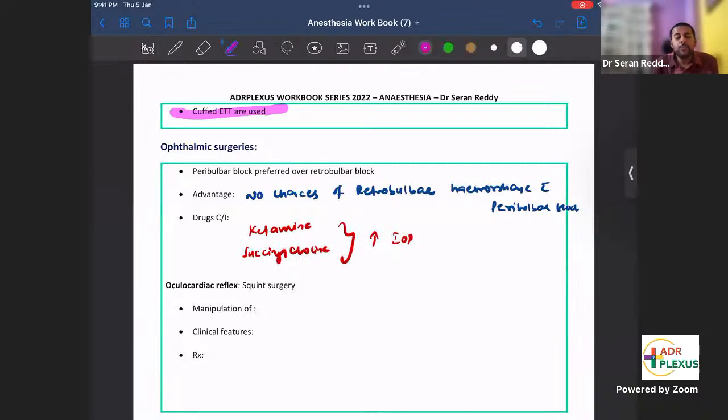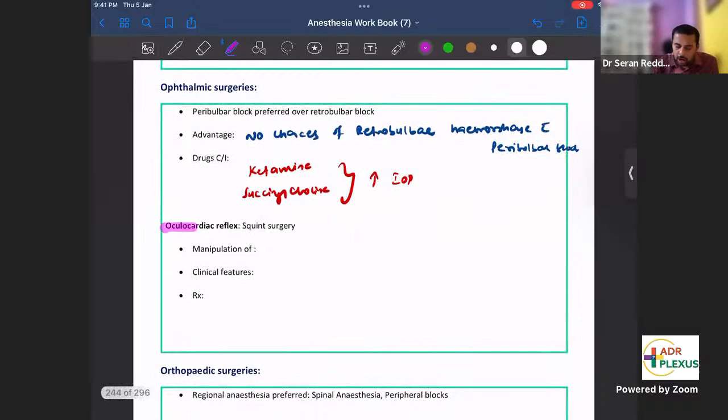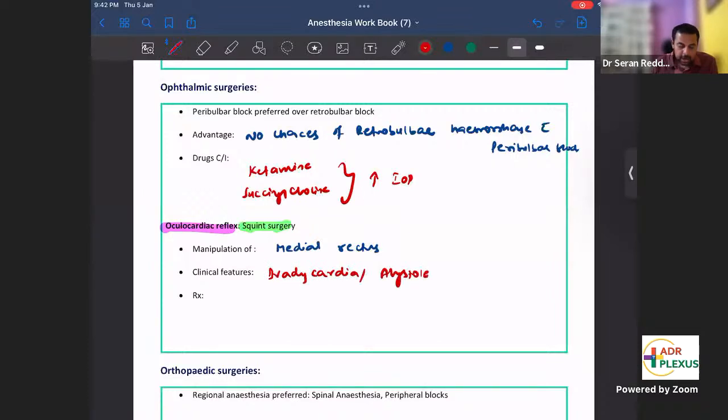And this was one of the favorite questions in previous years, at least 4 to 5 years back. We didn't see this question in the recent past, but again, an important thing. Remember one point: the oculocardiac reflex, which is seen in squint or strabismus surgeries. If the surgeon manipulates the medial rectus, sometimes you may see bradycardia or asystole.